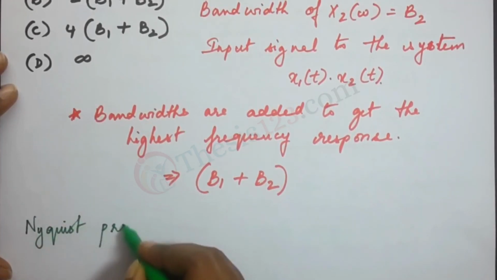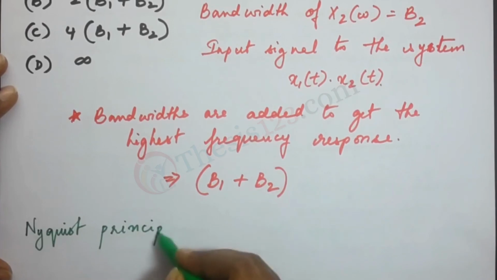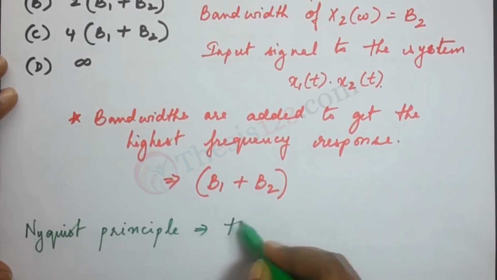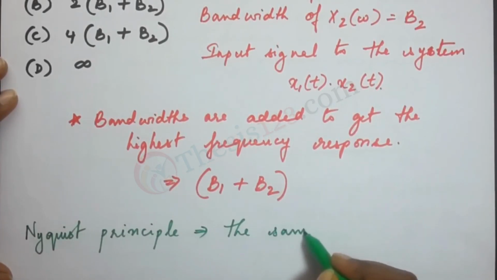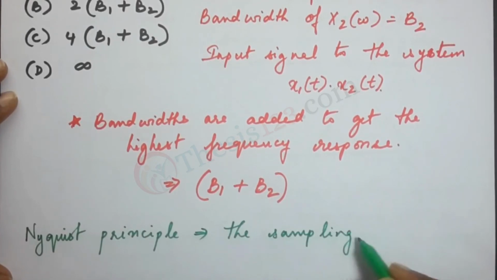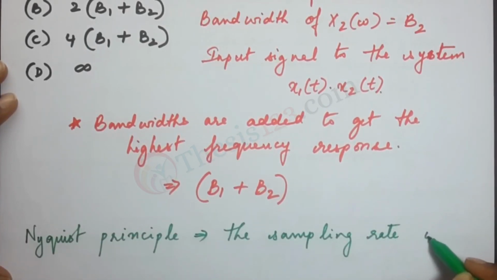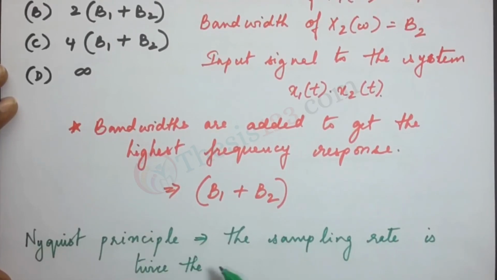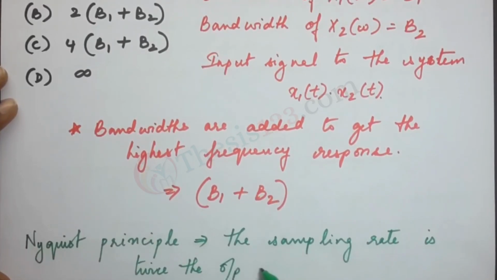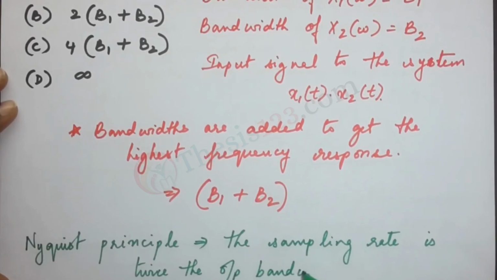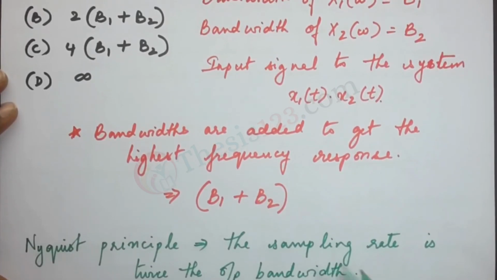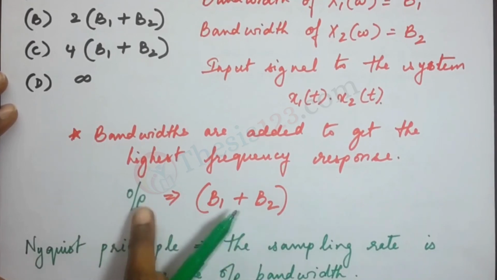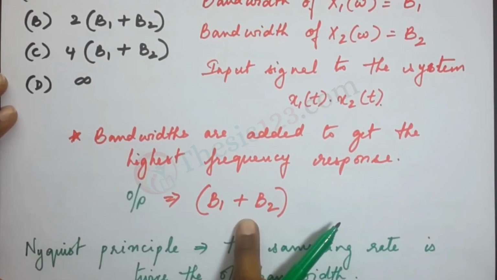According to Nyquist's principle, the sampling rate is twice the output bandwidth. So this is the bandwidth of the output, B1 plus B2.